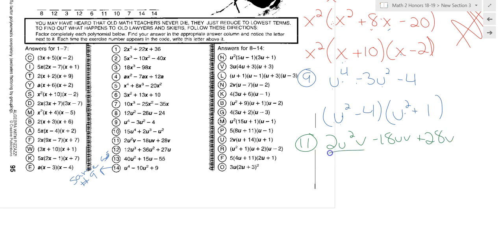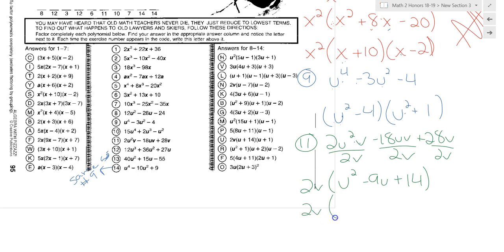So all of these can be divided by 2. They also all have a v in them, so it looks like there's 2 variables. That one can be divided out, factored out. So I'll go to u squared minus 9u plus 14, right? Just dividing all of those.